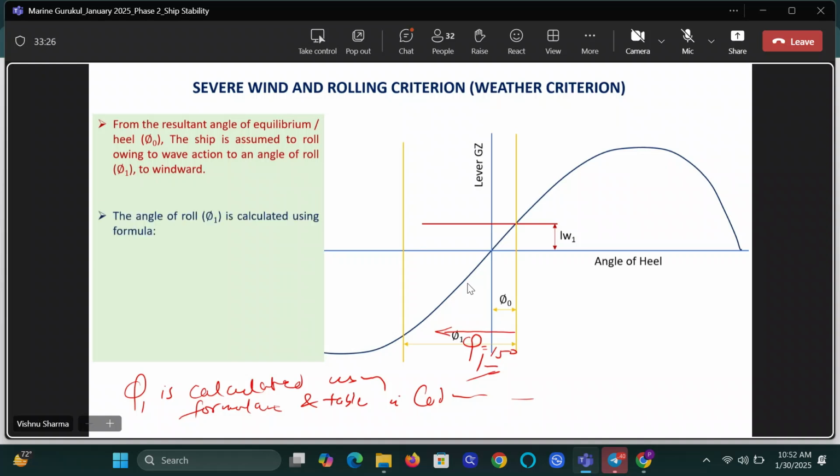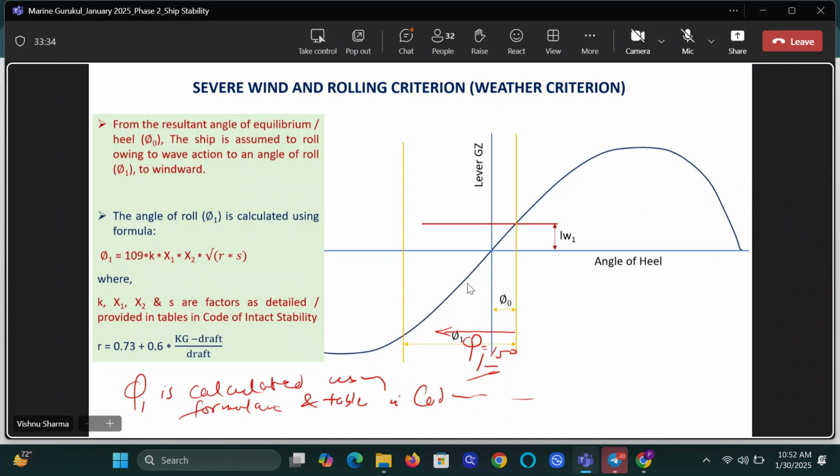Anyway, the angle of phi 1 is calculated using this formula, and these are some constants and some tables to be used. So you can avoid remembering all this. You can just replace by this statement. That is good enough.